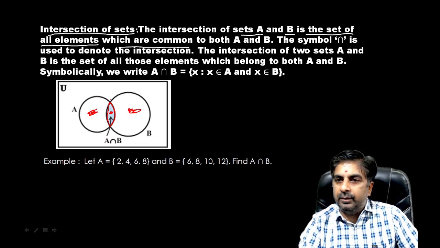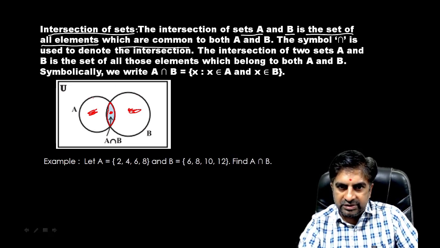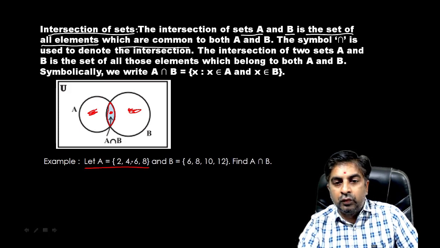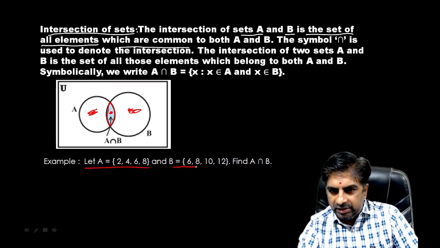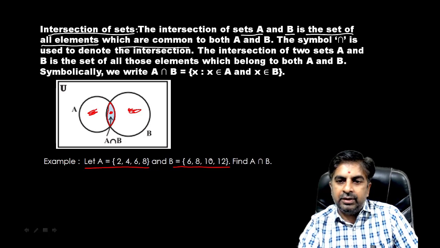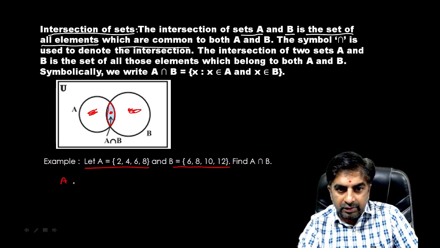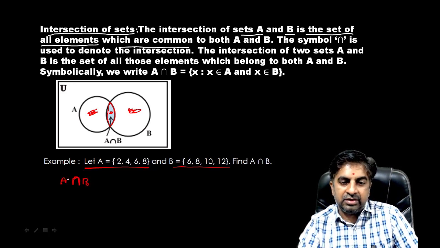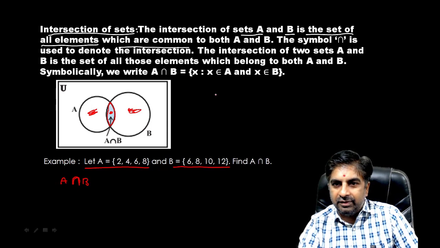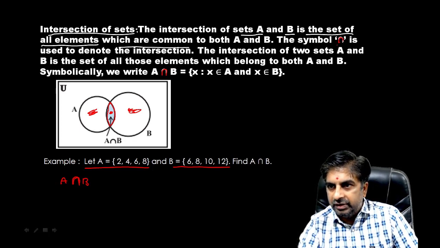This is the Venn diagram that you will understand. A is {2, 4, 6, 8}, the same example, and B is {6, 8, 10, 12}. Here, A intersection B, this is the symbol for intersection, which you can say is the inverse of union.